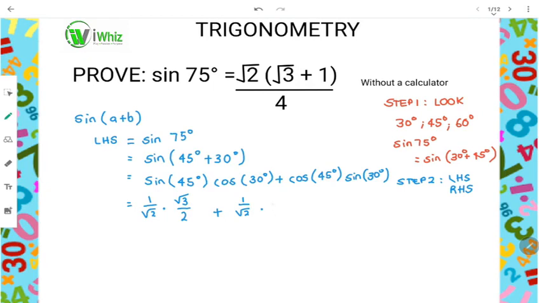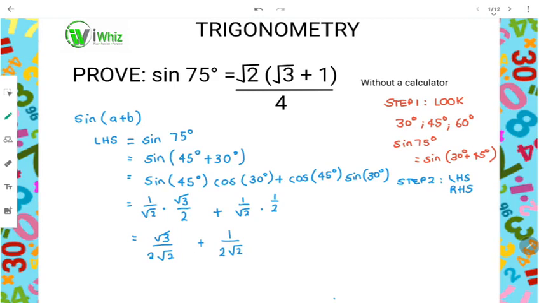Why sine of 30 degrees? That is simply half. So what am I left with? I am left with 1 times square root 3, which is square root 3 all over 2 square root 2, plus 1 times 1 is 1 all over 2 square root 2.